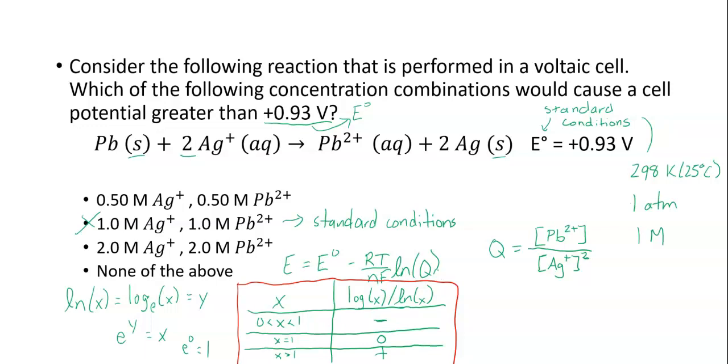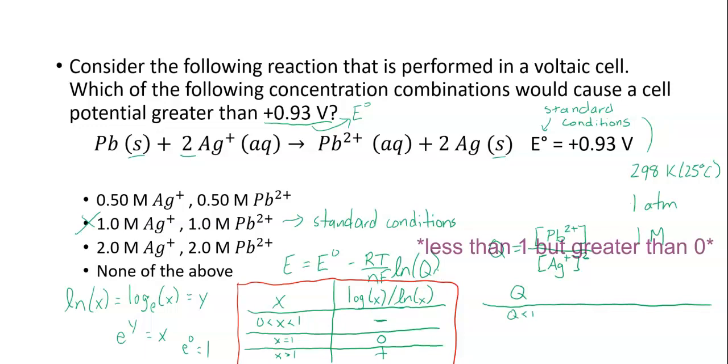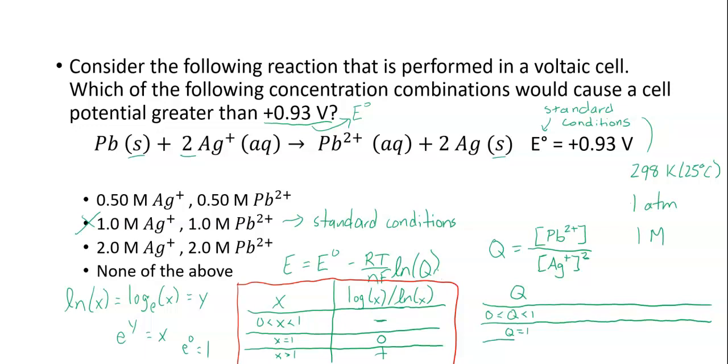So let's consider a chart of Q when Q is greater than 0 but less than 1, when Q is equal to 1, and when Q is greater than 1.